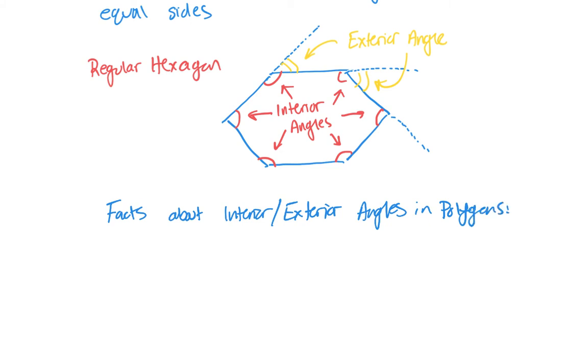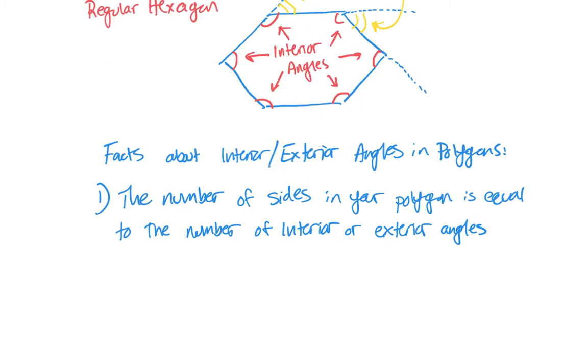All right, so fact number 1. This is a big idea. The number of sides in your polygon is equal to the number of interior or exterior angles. I'll write that down. So this is what that means. If we have a 6-sided shape like our regular hexagon, that tells us that we have 6 interior angles and 6 exterior angles. That was fact number 1.